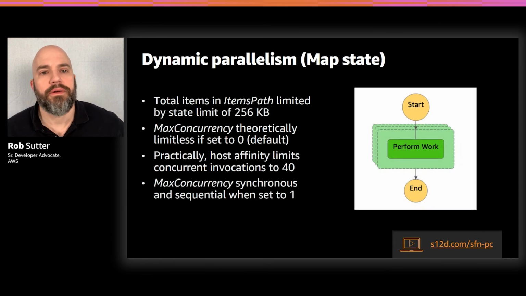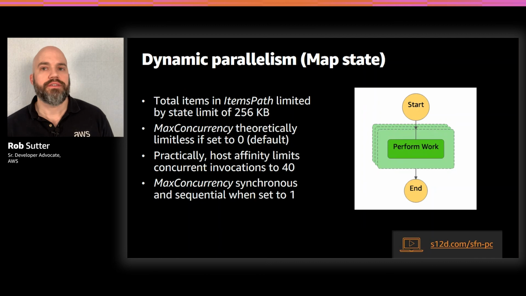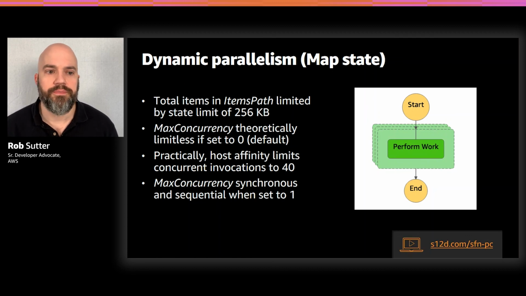A bit more about dynamic parallelism, or the map state. In 2020, the size of your state was increased from 64 kilobytes to 256 kilobytes. It's important to know that you can't exceed that when you're dynamically adding items into your state. Your max concurrency during map state is theoretically limitless if you set it to 0, which is the default.